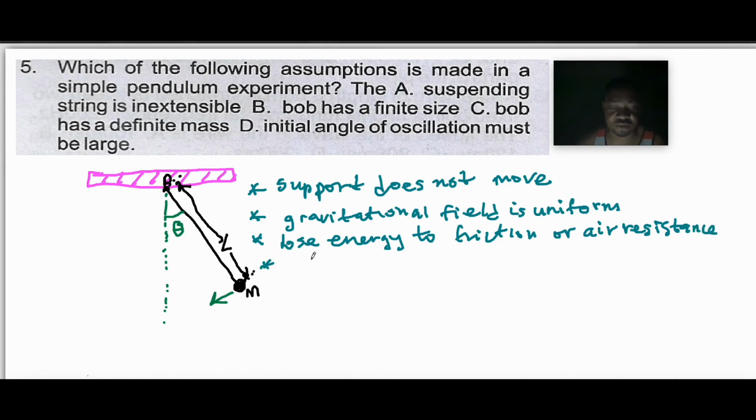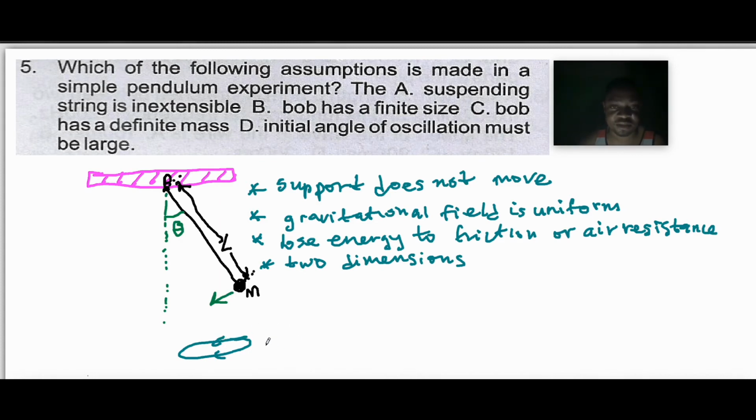Then the fourth assumption is that motion occurs only in two dimensions. That is to say, the bob does not trace an ellipse. It's not as if the bob is going like this, it's not like it's going back and forth like this.